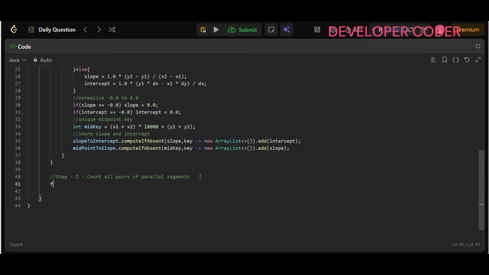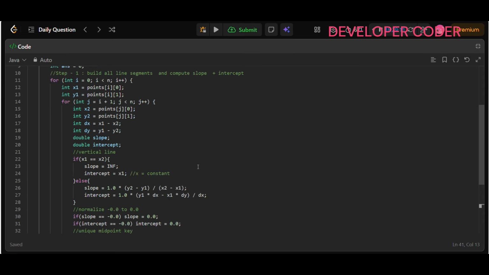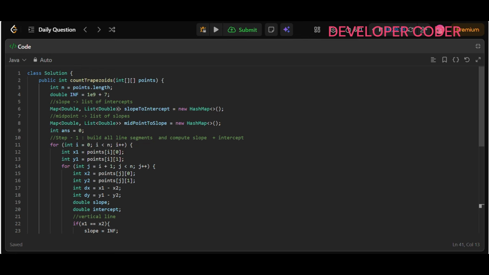Okay, so now here what I need to do? Just iterate, right? We have to iterate over all these values that we are storing for all the intercepts, right? We have to iterate over all the intercepts that we have in this slope to intercept, right?